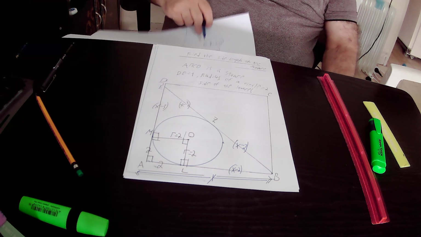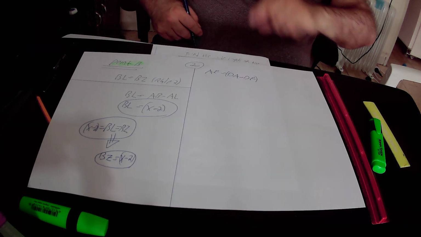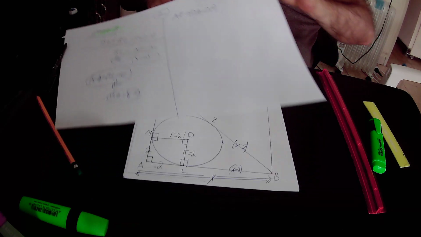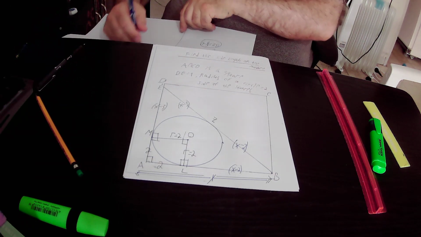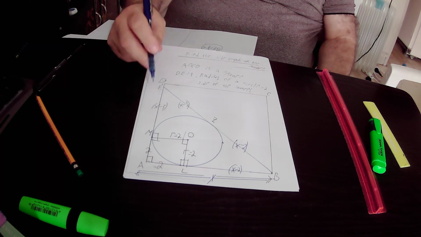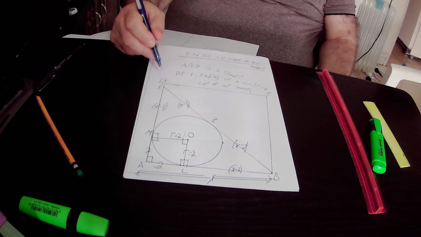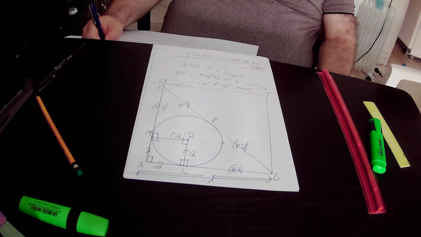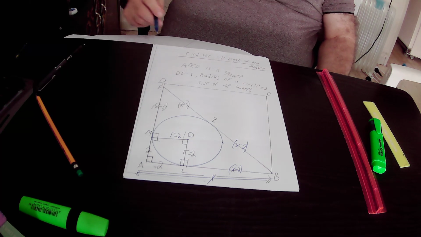Okay, EA equals DA minus DE. So EA equals DA, that is x according to our definition, minus DE, that is equal to 1 according to what has been given in the question. So in conclusion, we found out that EA equals x minus 1.